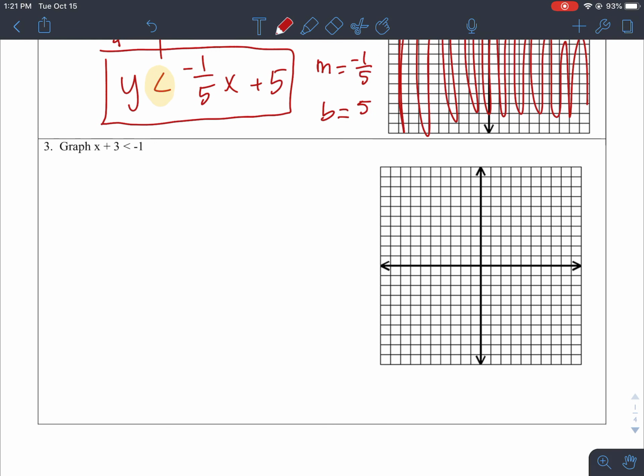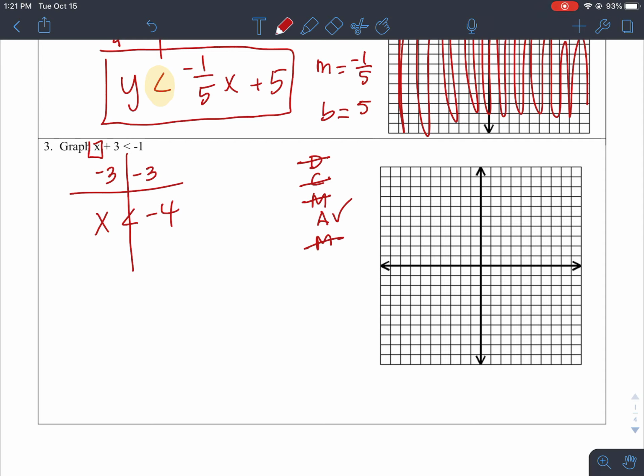Okay, and number 3, this one does not have a y, so I'm going to just solve for the only variable that I see, which is x. So I'm isolating x. I don't need to distribute, combine like terms, or move variables. I do need to add or subtract. I'm going to subtract 3 from both sides, and I get x is less than negative 4. I don't need to multiply or divide, so I'm crossing that one out.